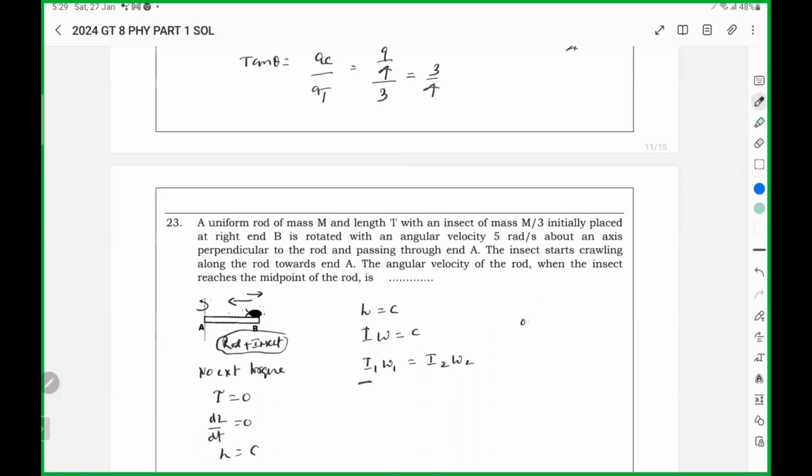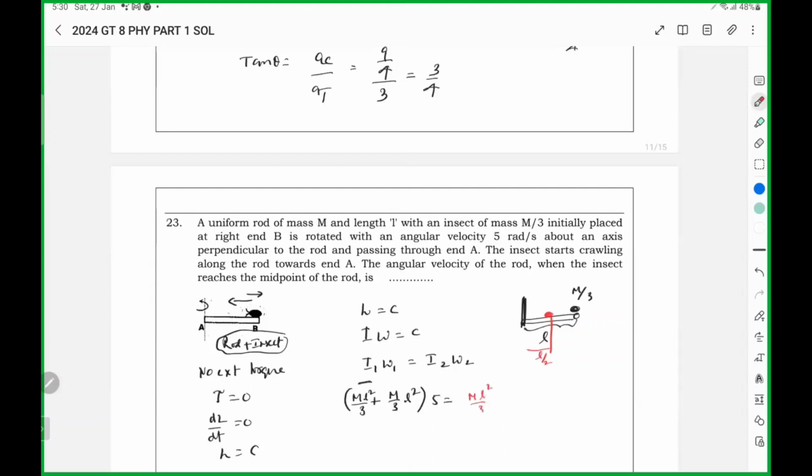I1 means initially, if the rod rotates about an axis from one end, moment of inertia is m L square by 3. Here is an insect of mass m by 3 that is at L distance, L square. Omega 1 he has given 5. Now when the insect comes here at the middle, it is L by 2.